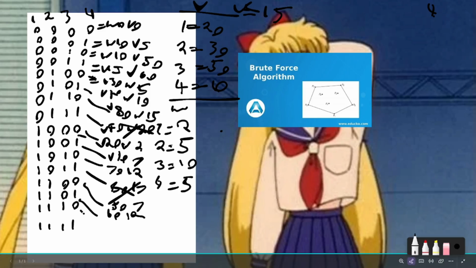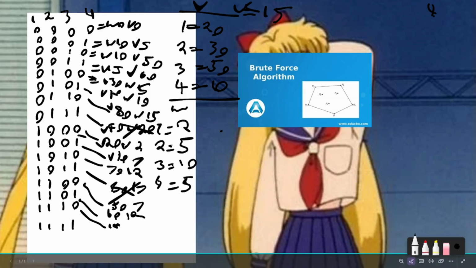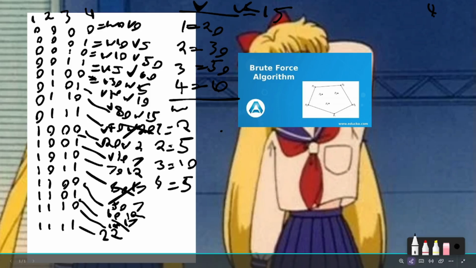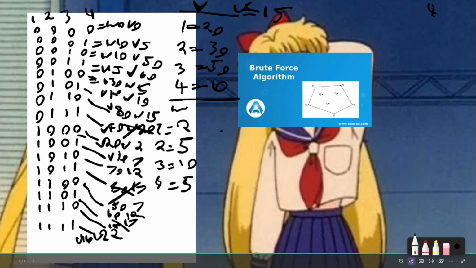And then the first 3 will be a value of 100, with a weight of 17. Damn it. And then for our last one, we know it won't work, but the weight is 22, and the value is 110. That's what I got. Alright, that's bad.